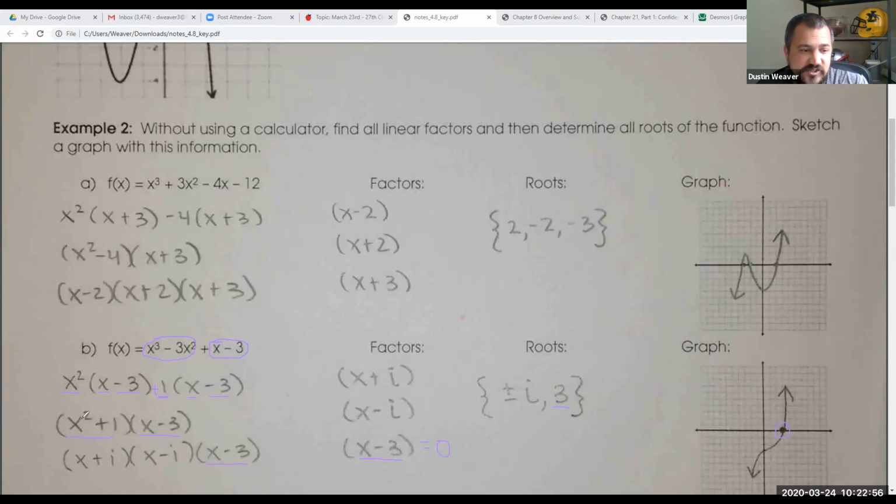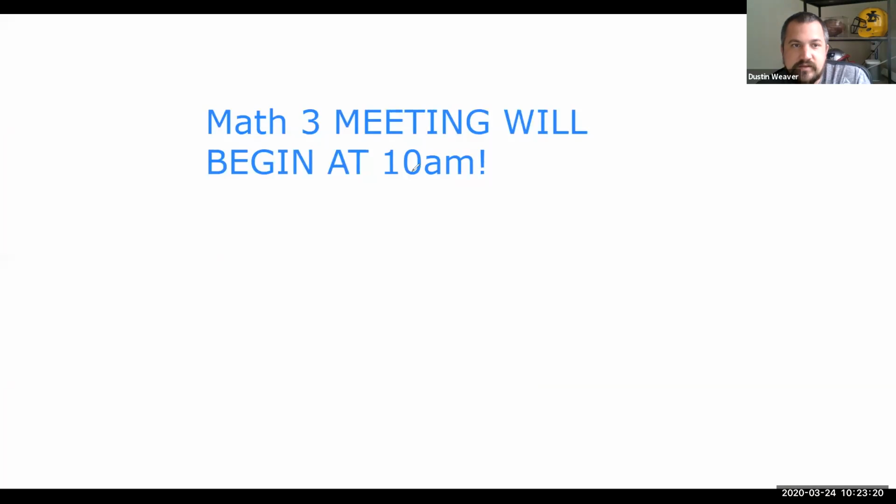Now, x squared plus 1. That's the one where we're going to have a little bit of an issue. So in x squared plus 1, let me shift gears for a second, and I'm going to change to the whiteboard, and I'm going to clear my drawings.